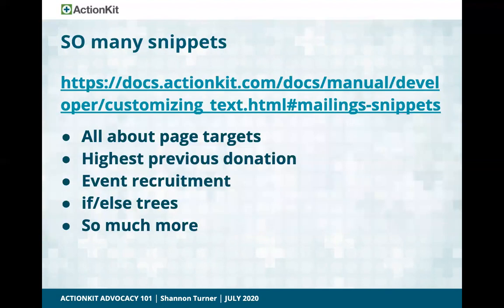Now, there are so many snippets that are available to you. We really don't have time to get into all of them, but I did want to share a few of the big categories to get your gears turning, and then you can also, at this link, go ahead and find out more. So you can tell someone to call their senator, and you can say by name, like call Senator Warren, call Senator Harris, and then give them their senator's phone number.